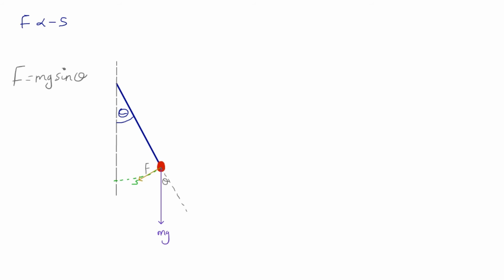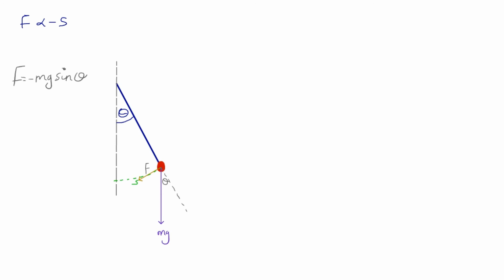The other component of the weight doesn't matter at all. Right, great. Now let's put a minus in there, because when S is positive, the force is acting in the negative direction. Very important. And so F equals minus mg sine theta.